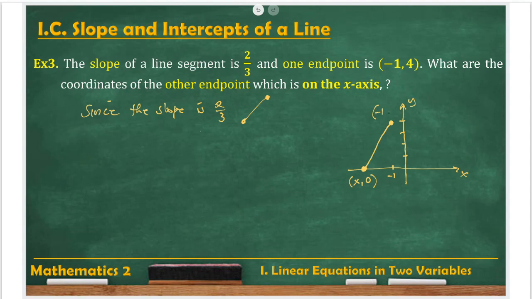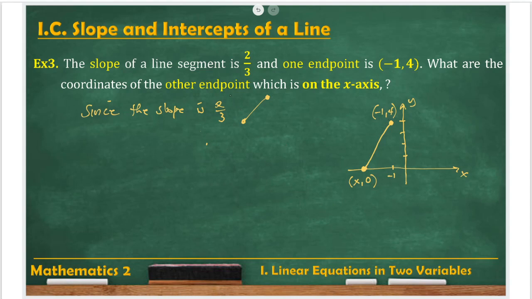We don't know the value of x here, so to determine the coordinates of that point, we need to solve for x. Now, we have (x, 0) as the coordinates of this point, and this point is (-1, 4).